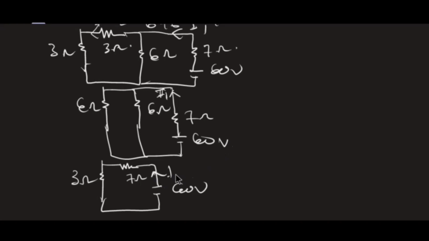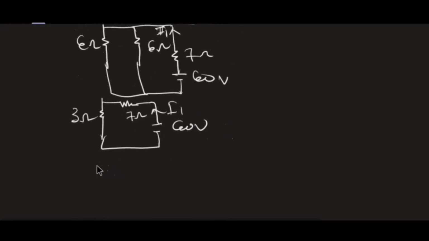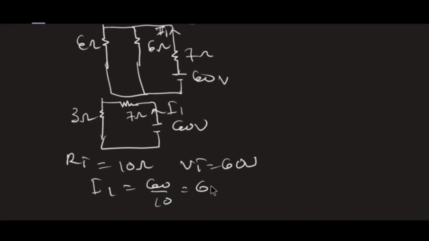Then this is the I1 we want. Hence, the total RT becomes 10 ohms. Then VT is 60 volts. So my I1 becomes 60 over 10, giving me 6 amperes. And that is the value for I1.